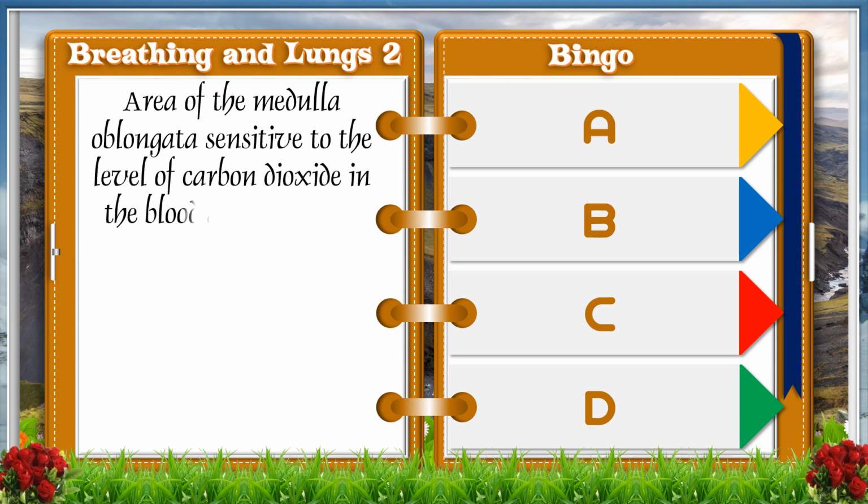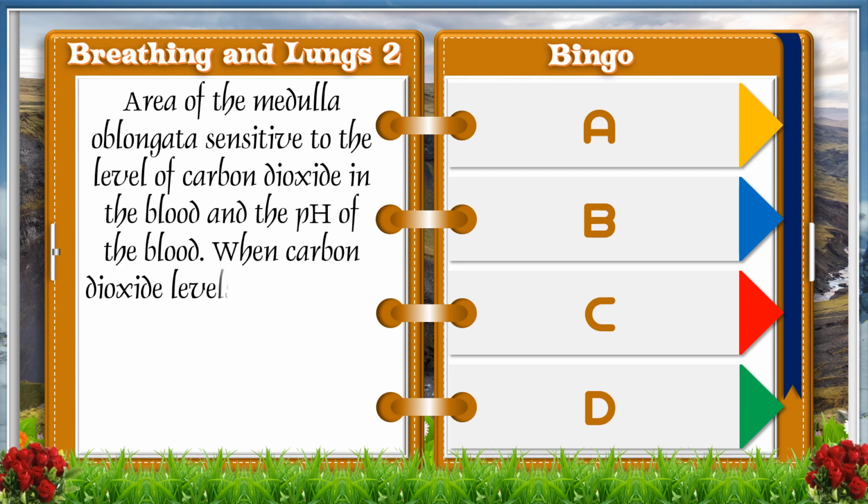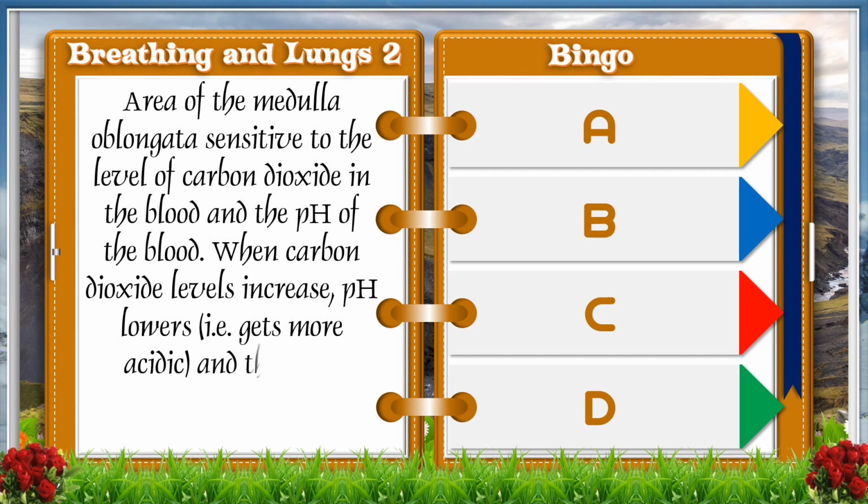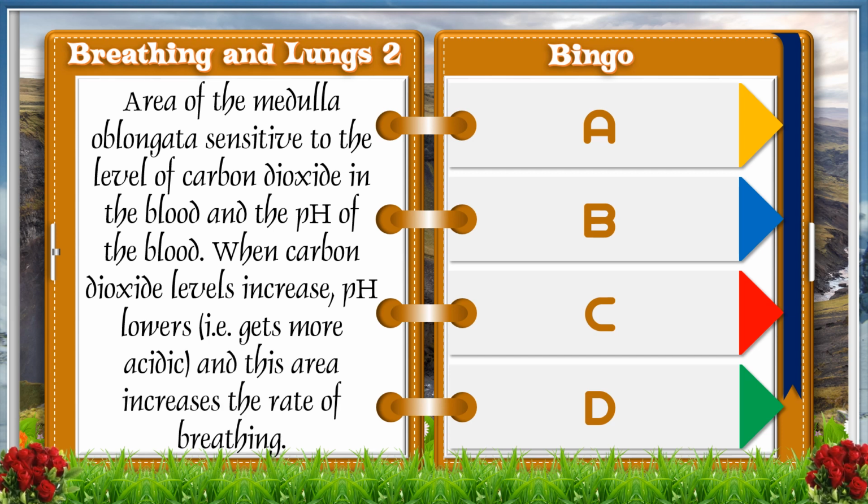Area of the medulla oblongata, sensitive to the level of carbon dioxide in the blood and the pH of the blood. When carbon dioxide level increases, pH lowers, that is, gets more acidic, and this area increases the rate of breathing.